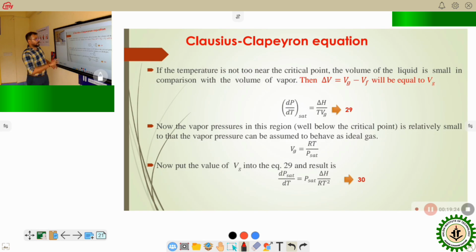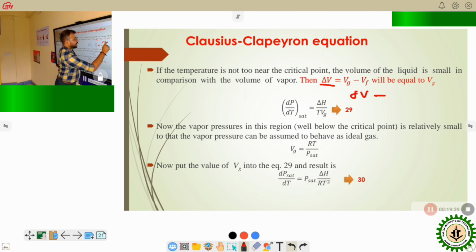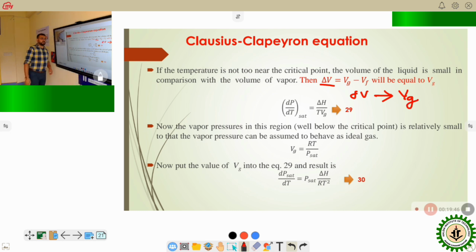Now, if we consider the phase change operation, at that time delta V, which is the difference between the volume at gaseous phase and volume at liquid phase, Vg minus Vf, tends to Vg, by neglecting the volume at the liquid phase.